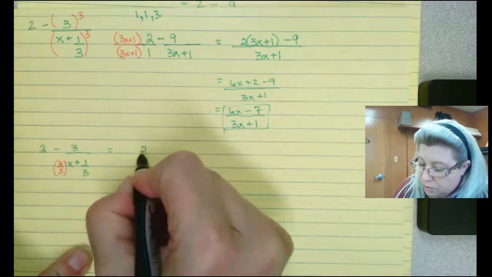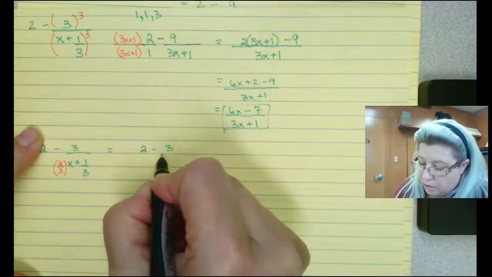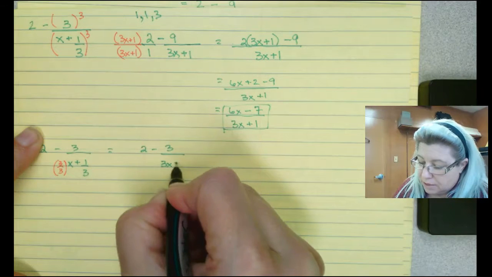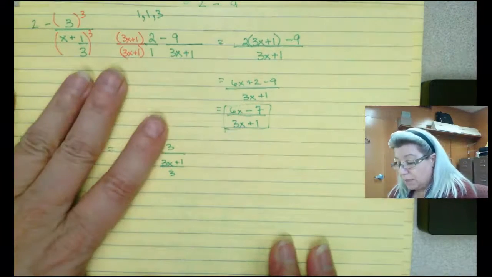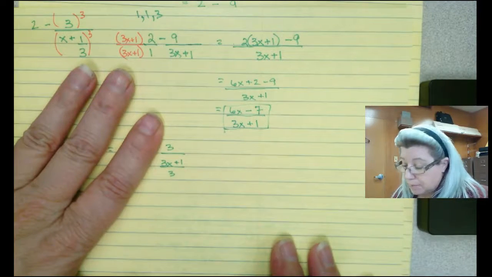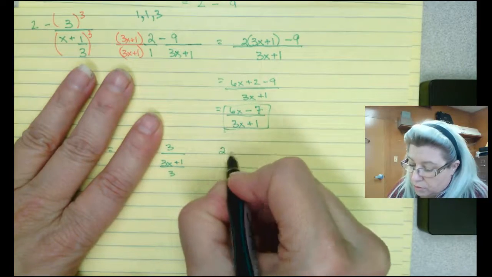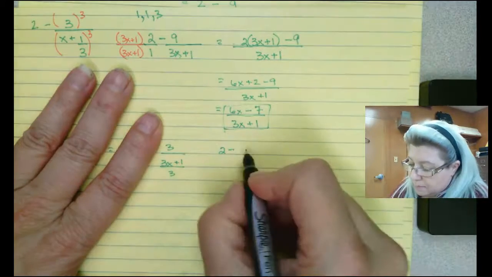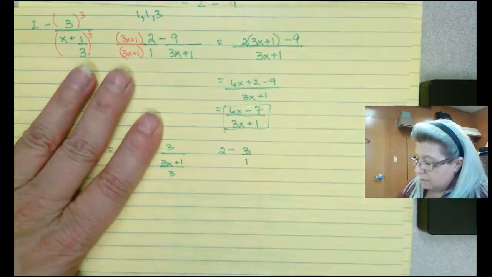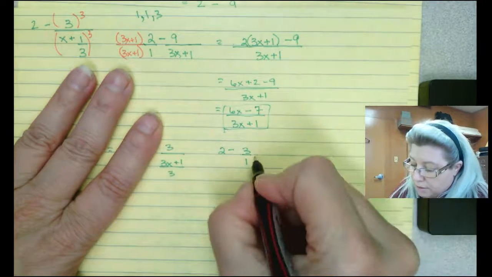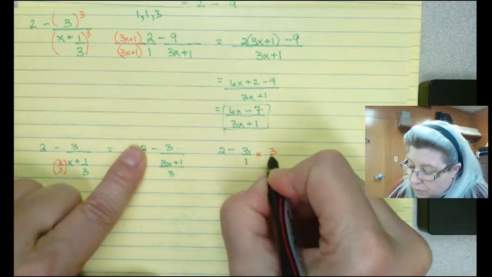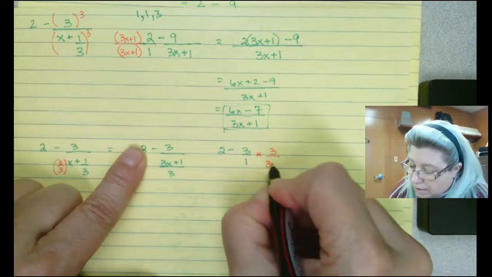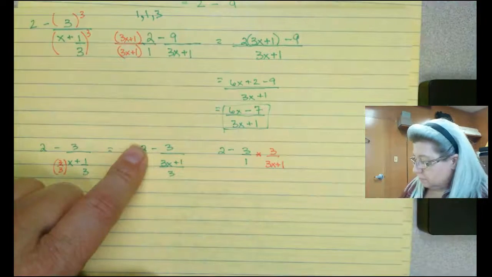This will give me 2 minus 3 over 3x plus 1 all over 3. Now, for the complex fraction, I'm going to multiply by the reciprocal. 2 minus 3 over 1, that's the top number, times the reciprocal of the bottom number, 3 over 3x plus 1.